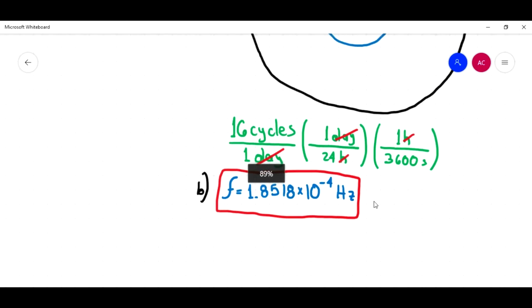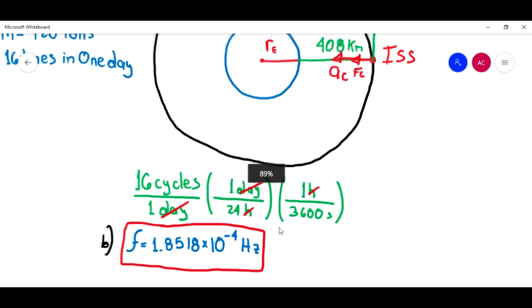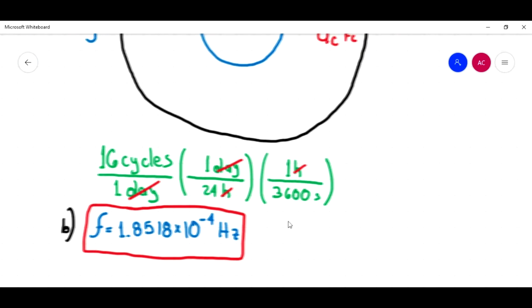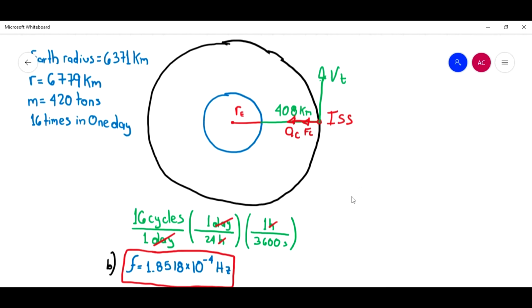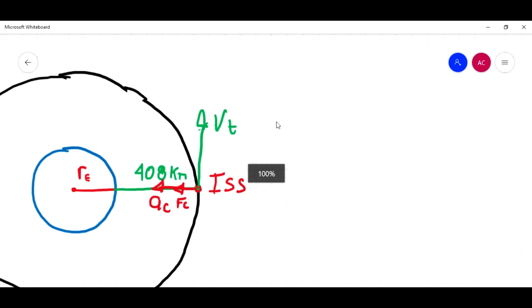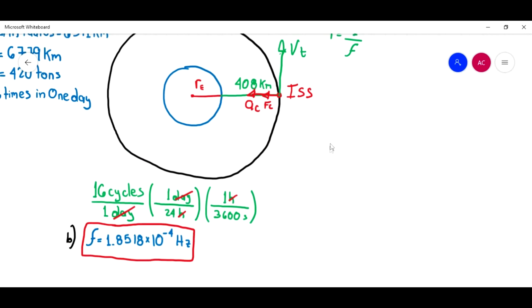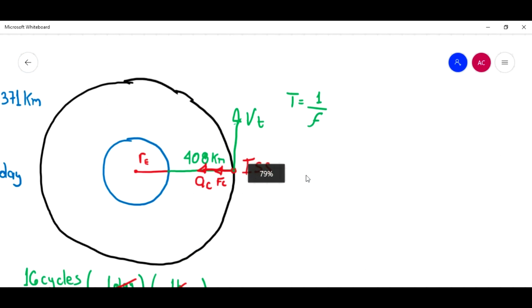Now, how can I find the period? The period, remember, is the time that it takes an object to complete a full cycle. In order to find the period, I'm going to use a formula: period equals 1 over the frequency. You must remember that frequency must be in hertz, cycles per second, because the official units for period are seconds.